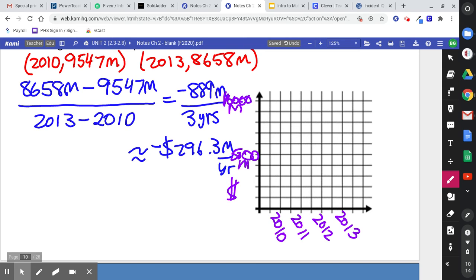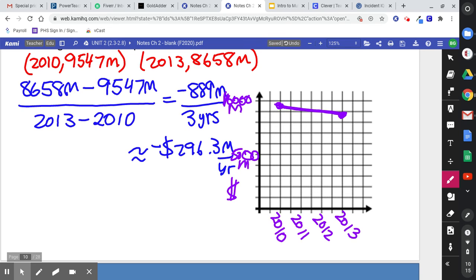So I graphed that point. In 2010, it was basically 9.5 right there. Dot. And in 2013, it was basically 8.6. So there-ish, I suppose. So I wanted a line segment right there. Graph the data as a line segment.